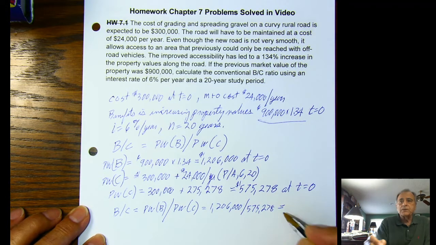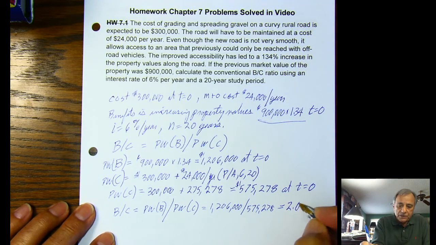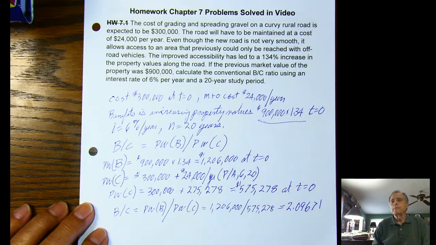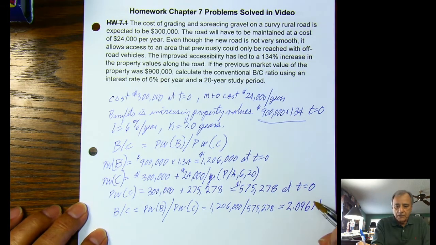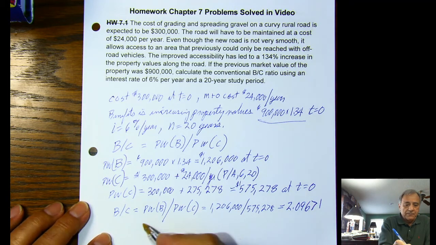And when you do that calculation, you get 2.096, which is greater than 1. So this says the project may be accepted.